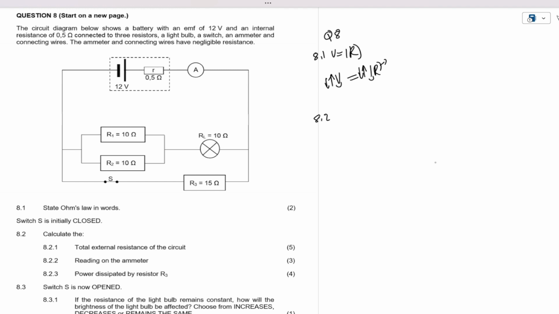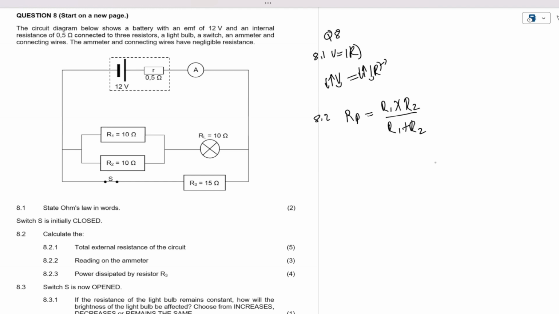So yes, the second one. It says to calculate the total external resistance of the circuit. This is not difficult. You have to know your formulas. When you calculate resistance in parallel, if it is only two resistors, you say R1 times R2 over R1 plus R2.